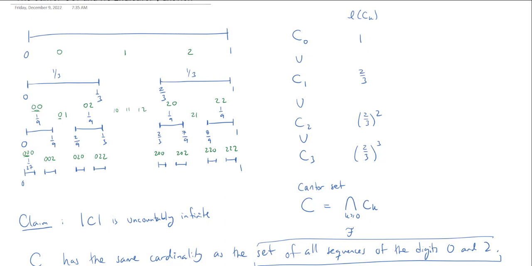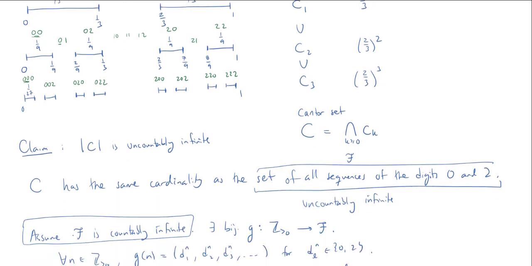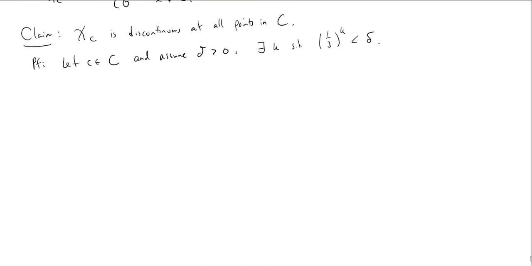I also know that if I'm in the Cantor set, then I must be in all of these C_k's, not just one of them; I'm in every single one of them. So I have this c, and we have c is contained in C_{k+1}.